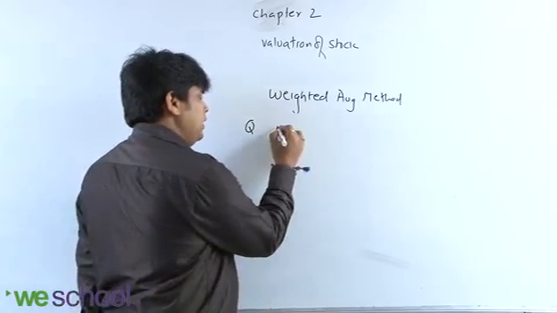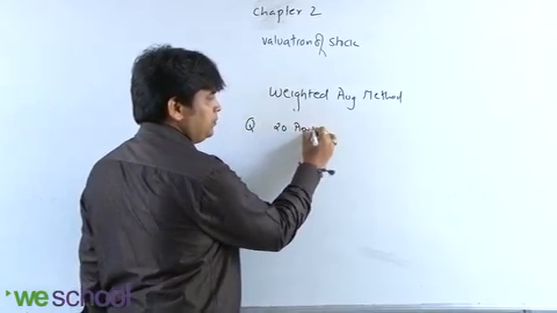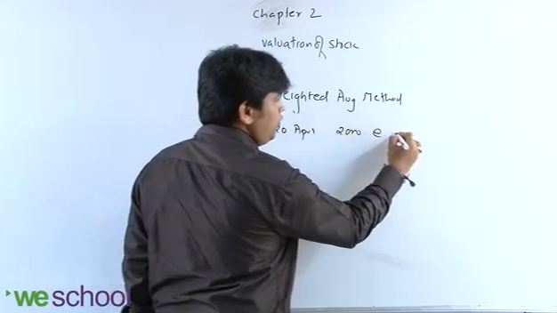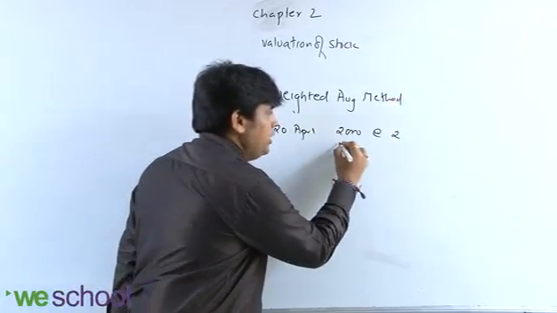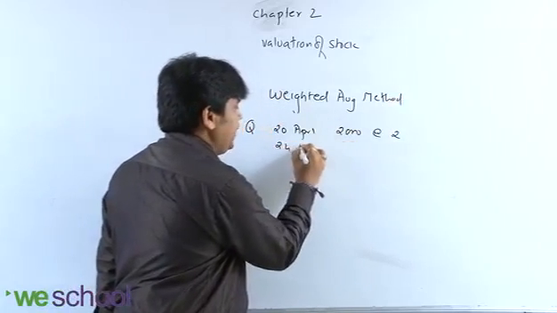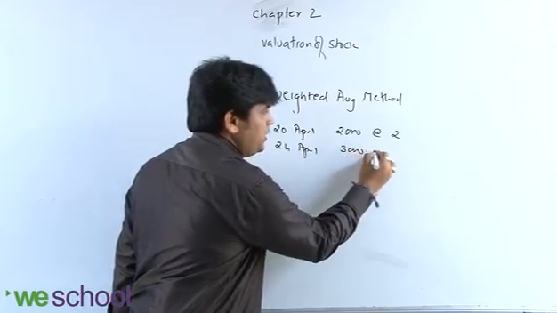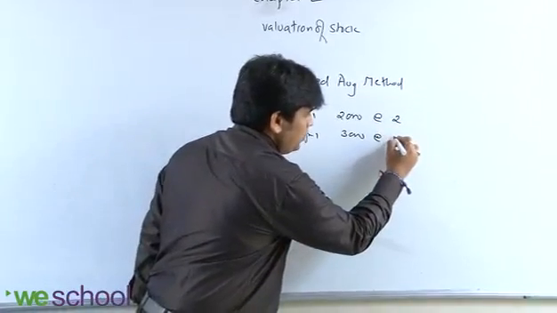Let us take one example. On 20th April, we purchased 2000 units at the rate of 4. On 24th April, again I purchased 4000 units at the rate of 2.